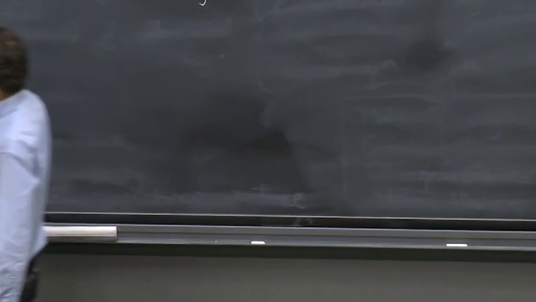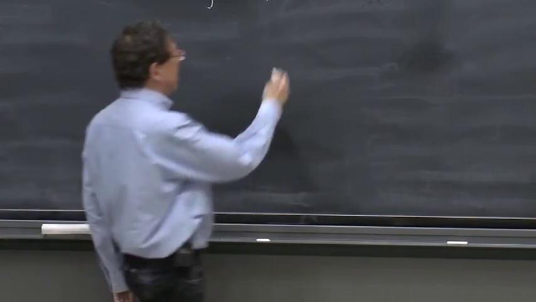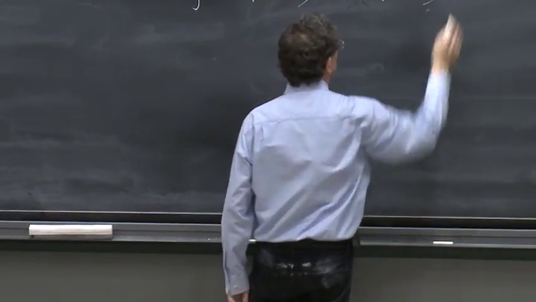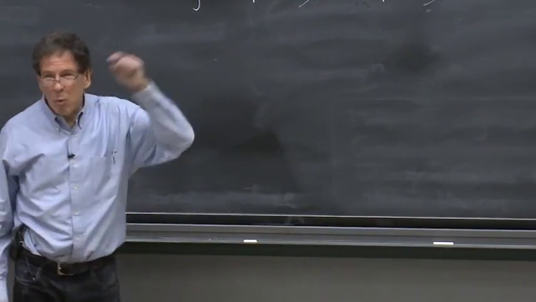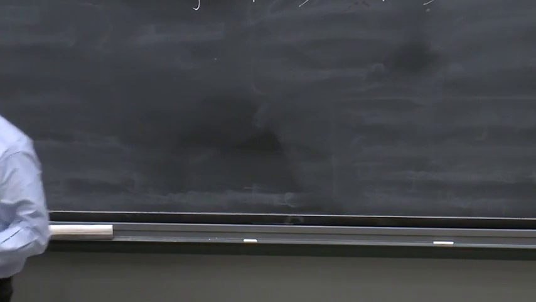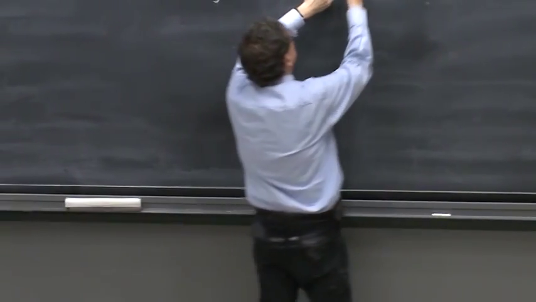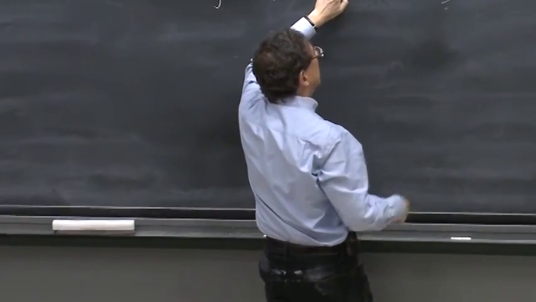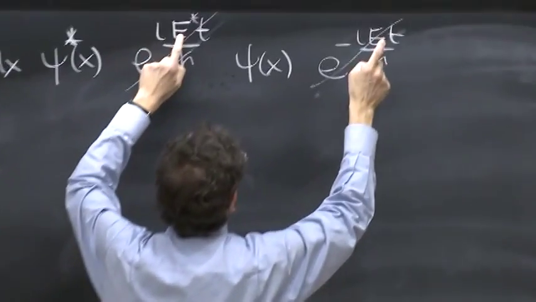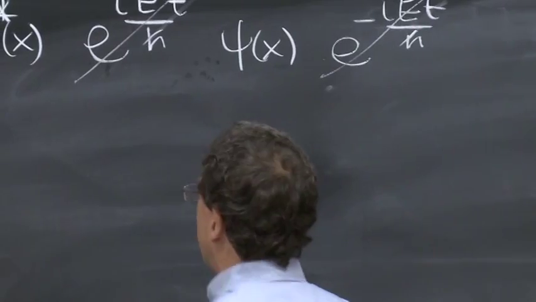And now the good thing about this is that this integral should be normalized to 1, to make sense. And it's a great thing that the time dependence drops out. It would not have dropped out if the energy had not been real. If the energy was not real, I would have had to put E star here, and I would have had E star minus E in some function of time.